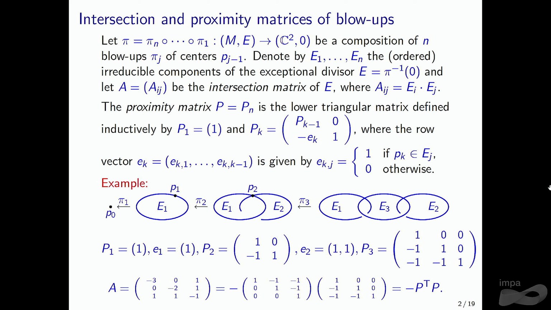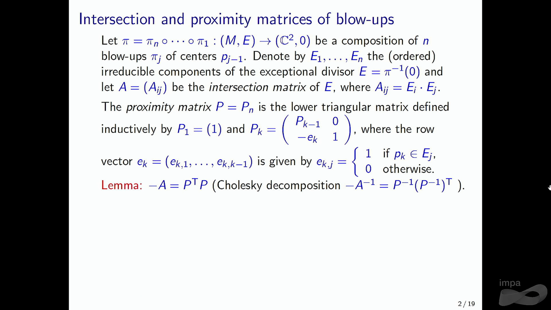And in this case, one checks that the intersection matrix of the components of the exceptional divisor is equal to this product of the proximity matrix transposed by itself.